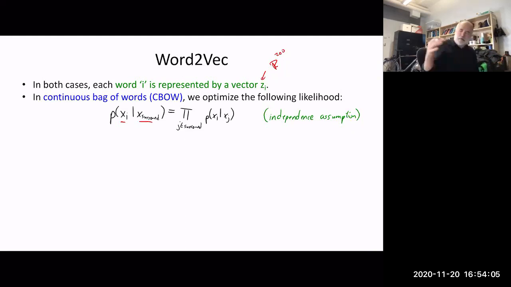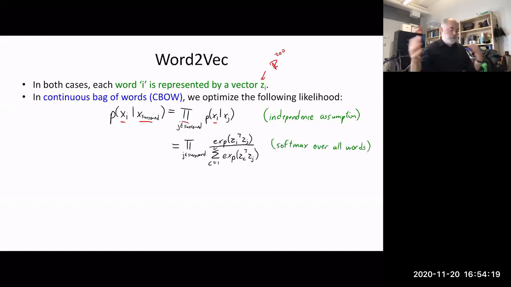And we're going to make the IID assumption where we just define that probability to be the product of the conditional probability of generating a particular word xi given the surround word xj in the surround.